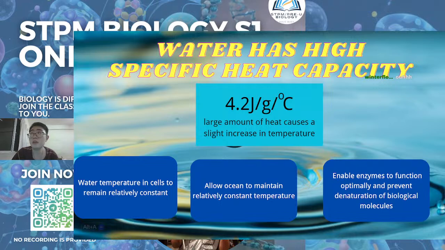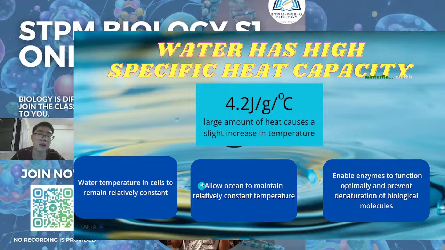It is not the case that in very hot conditions your cells will also be very hot. Like when the surrounding temperature is 40 degrees Celsius, our cells will maintain about 36 to 37 degrees Celsius. It will not change dramatically.